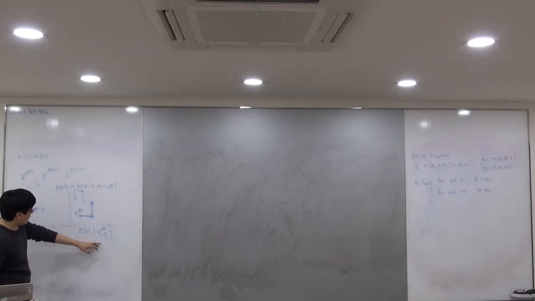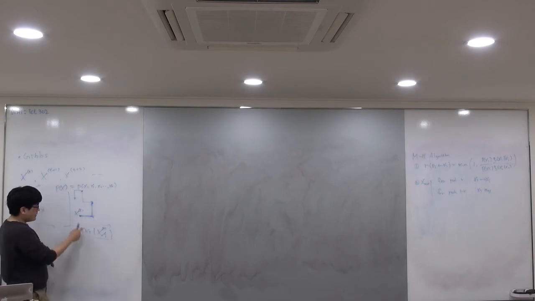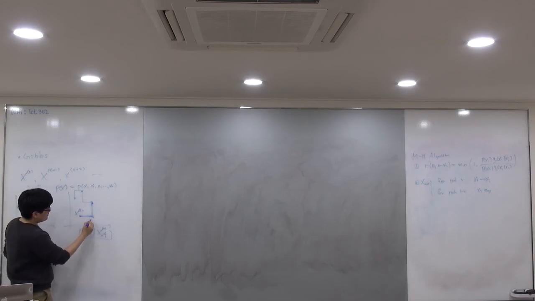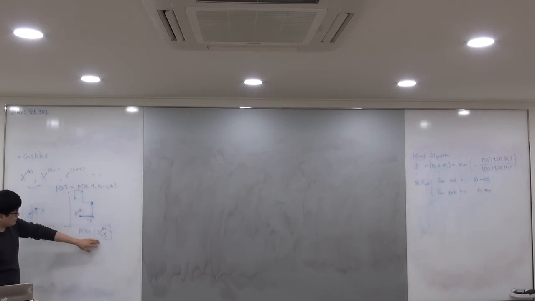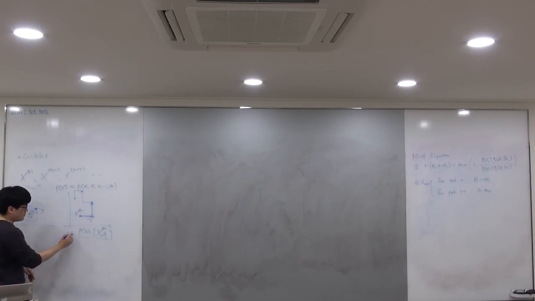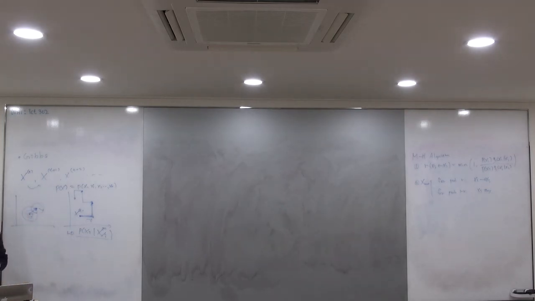What you need to do in Gibbs sampling is that, except for this i-th dimension, you are given all the other dimensions, and you sample from this conditional distribution. This one is pretty easy because it is a one-dimensional density function.